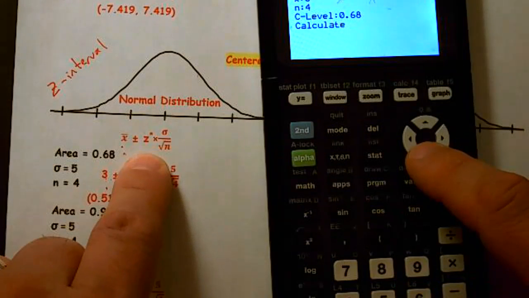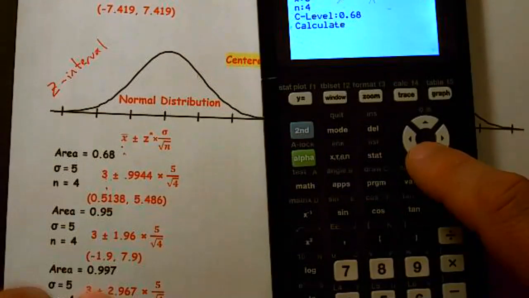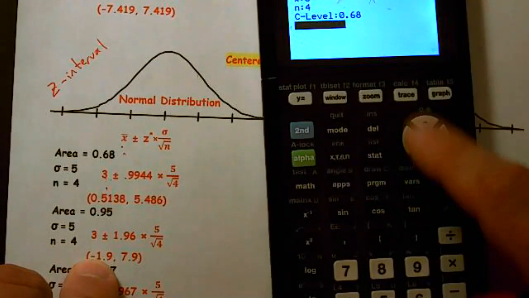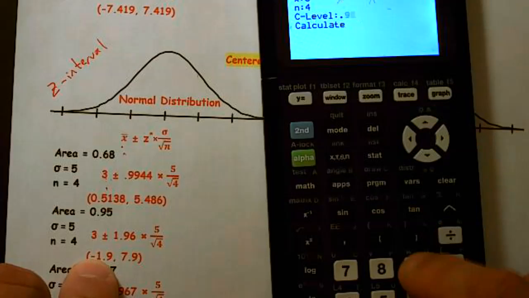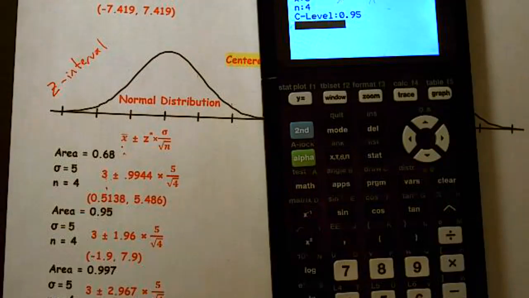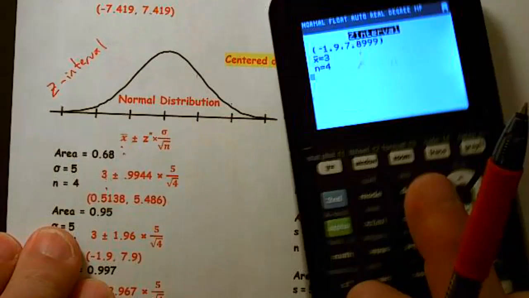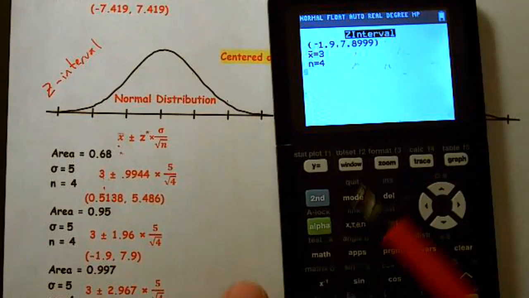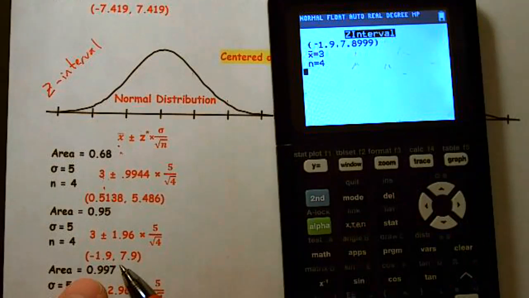We're still setting it up on a sample mean of 3. Our sample is still size 4, but we're going to change our confidence level to 0.95. In other words, we're going out plus or minus 2 standard deviations. And it did all the work for me and gives me negative 1.9 and 7.9.